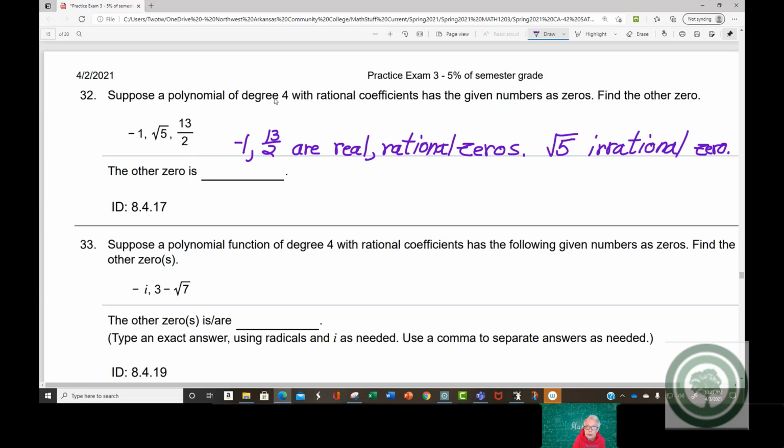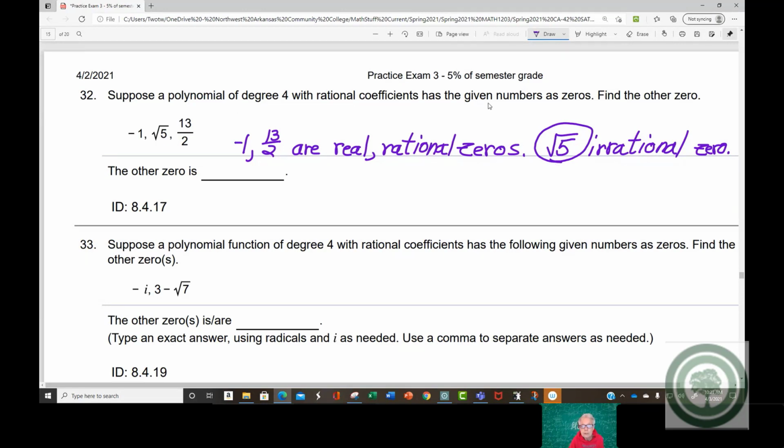If I'm going to create, manufacture, generate a polynomial that has real and rational coefficients, then there's something that has to be true. And that is that if I have an irrational zero, it has to be accompanied by its conjugate.